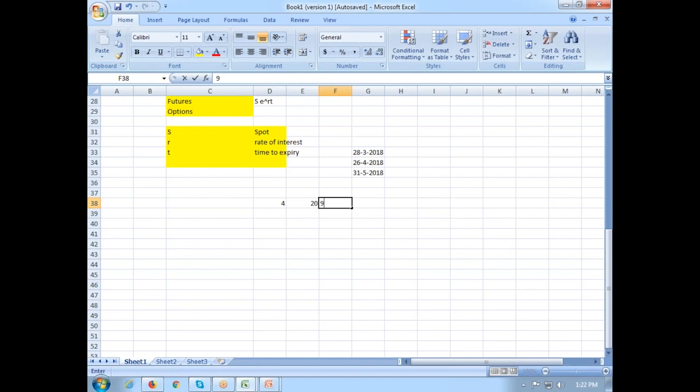The trading hour is from 9:15 to 15:30, which is almost 6 hours 15 minutes daily, which is 375 minutes.